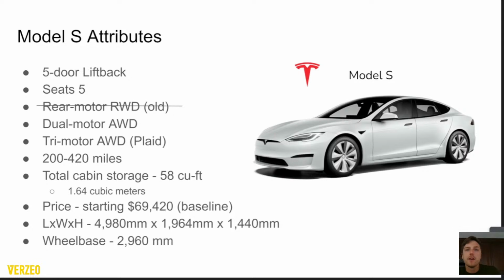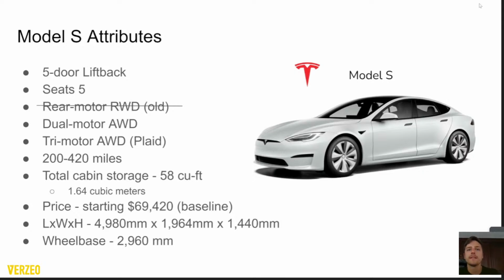Even though it is a little bit expensive, the attributes for the Model S are pretty much just amazing. It's a 5-door liftback with 5 seats. It used to be rear wheel drive, but no longer is. Now it's dual motor all wheel drive, or tri-motor all wheel drive, which is the Plaid. It does 0 to 60 in 1.9 seconds. The Plaid, pretty insane. All of these attributes were set at the very beginning of the program.